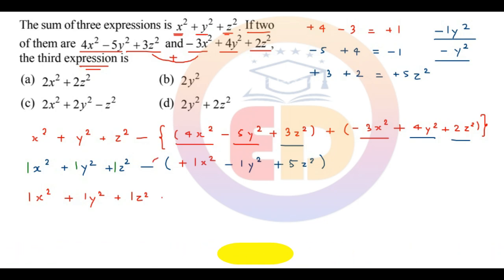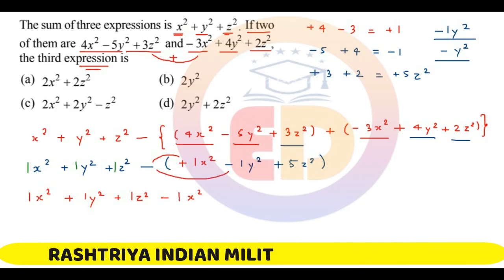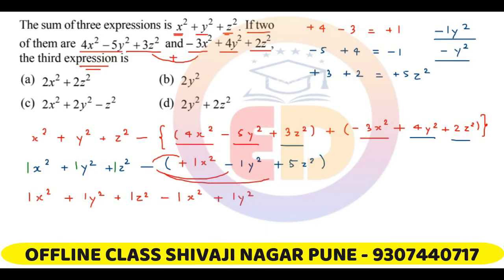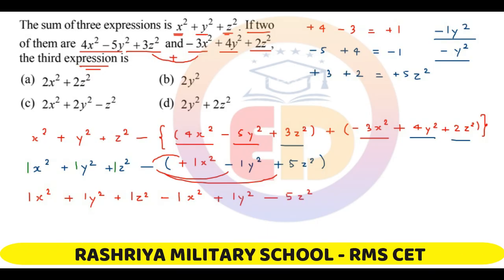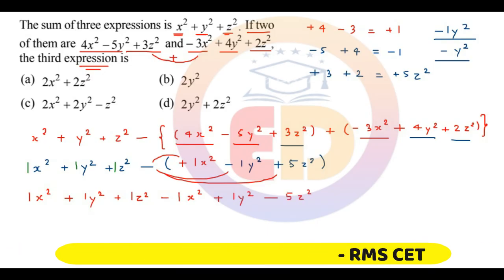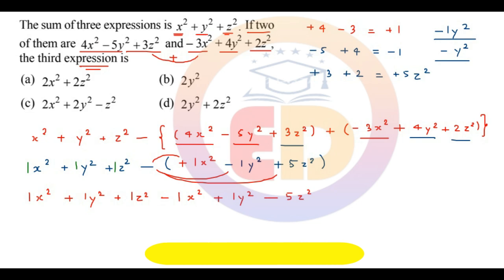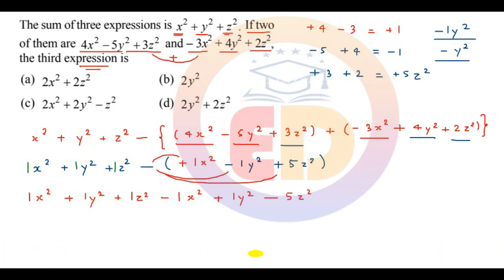Now minus plus, this will be minus 1x square, minus minus, this will be plus 1y square, minus plus, this is minus 5z square. Now let us operate them.